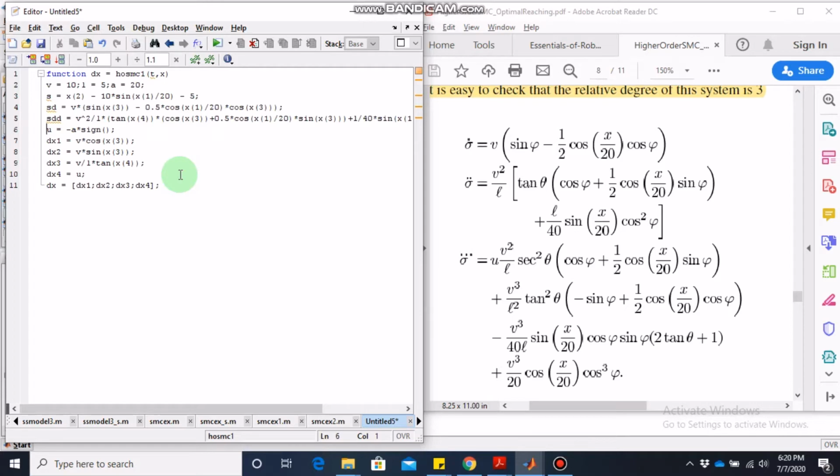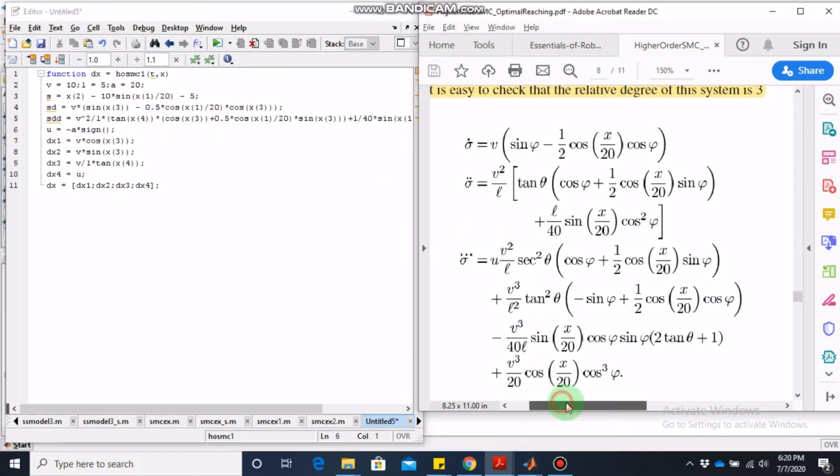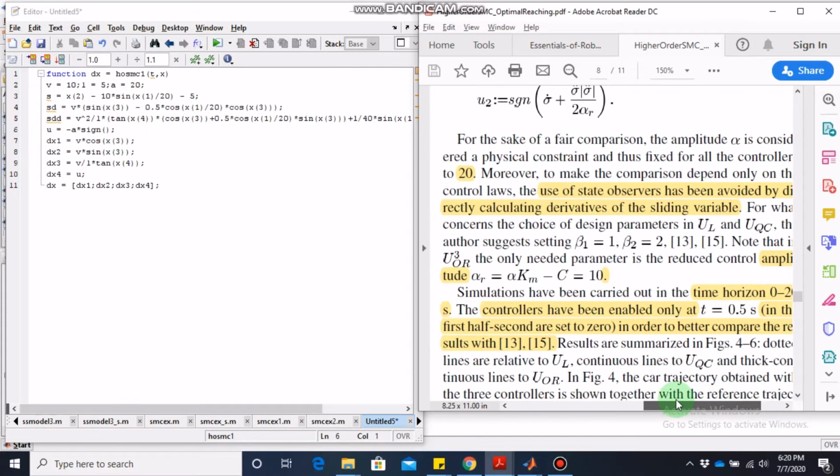That's all. So we have defined the first and second derivative of the sliding surface.